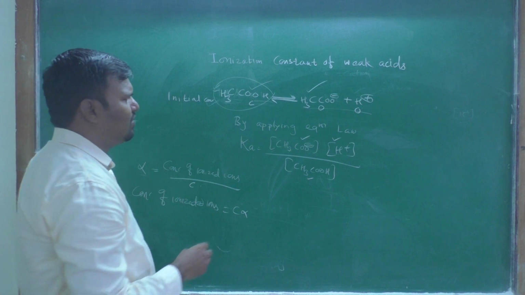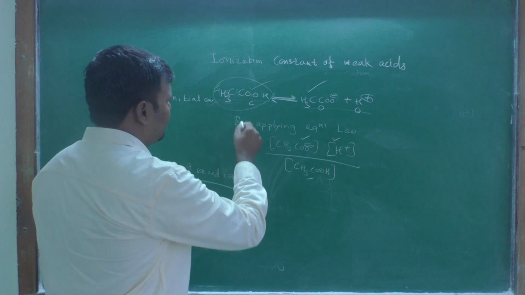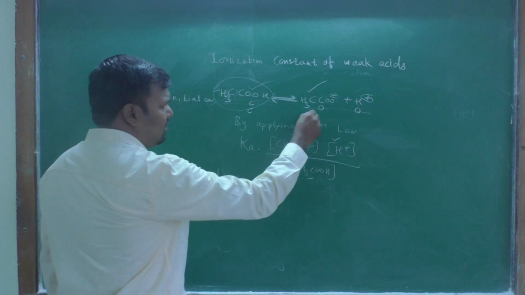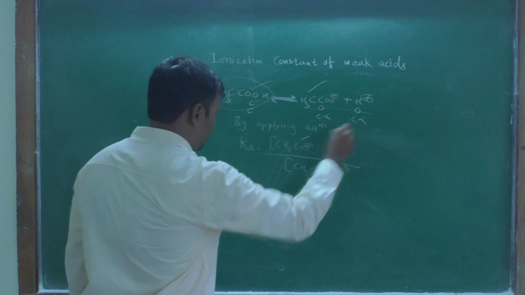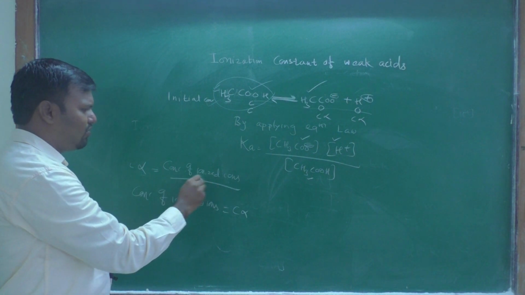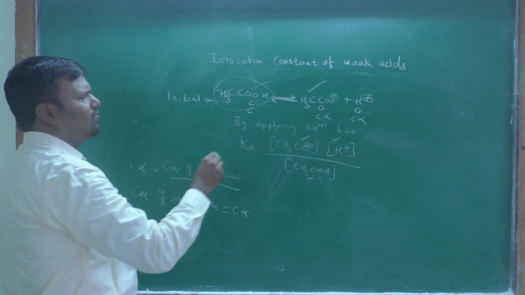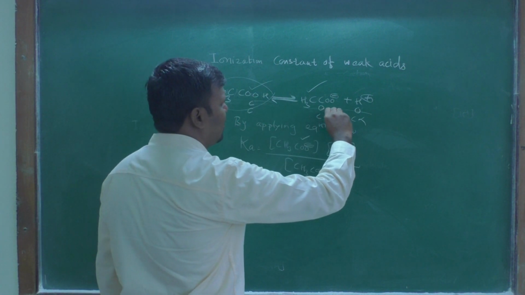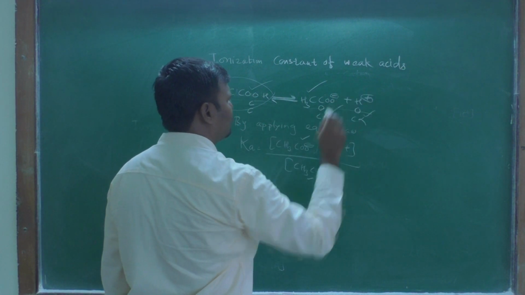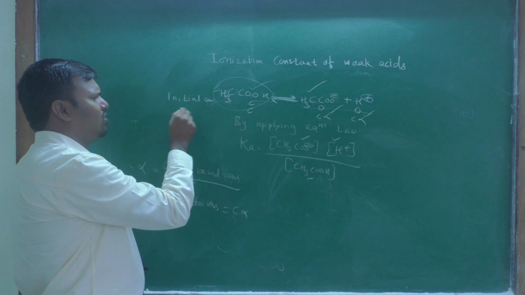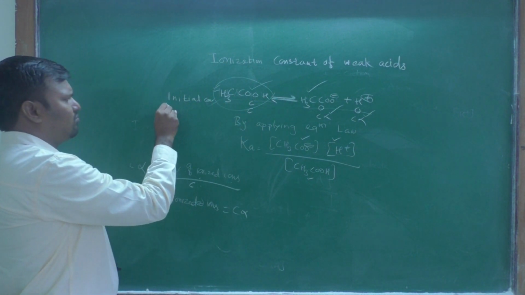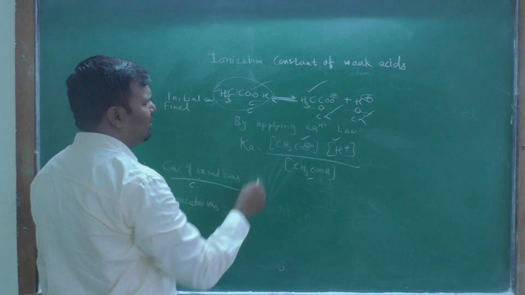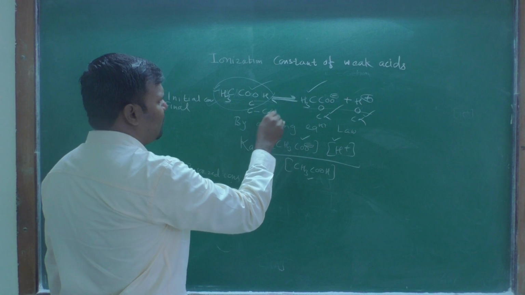If the initial concentration is C, after some time it gives C alpha of H+ ion. After dissociation the final concentration of acid will be C minus C alpha.